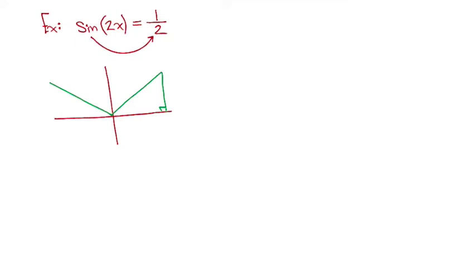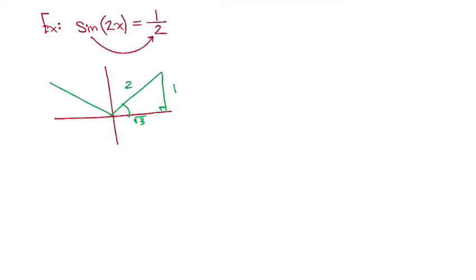Okay, so how do I label my little triangle? Opposite is 1. Hypotenuse is? The bottom side is? Therefore, this angle is? You knew all the numbers on the triangle. What's the angle? Isn't it 30?